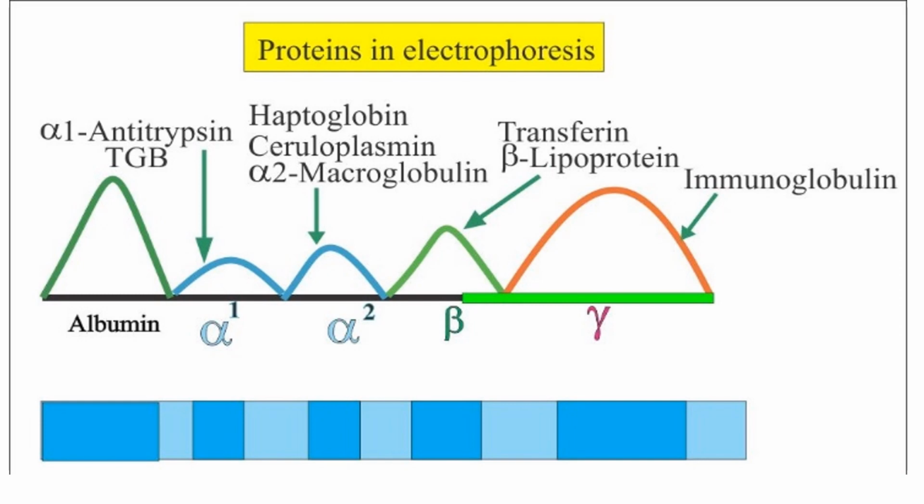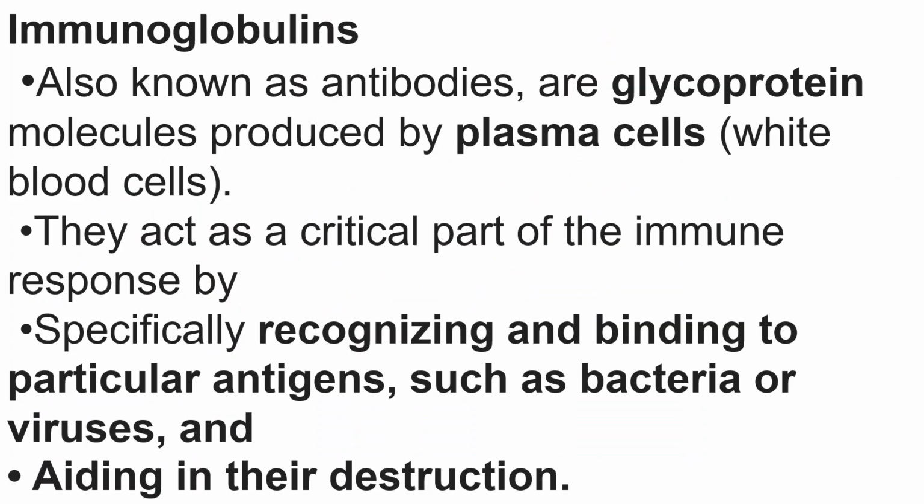Transferrin is an iron transport protein, and beta lipoproteins are involved in the transportation of lipids like LDL. And then we can see a spike that is showing us the gamma globulins, which are the immunoglobulins and which are synthesized by the plasma cell. Immunoglobulins are also known as antibodies.